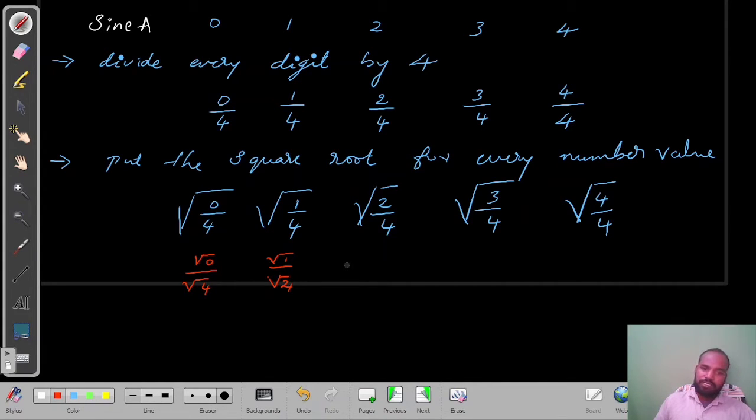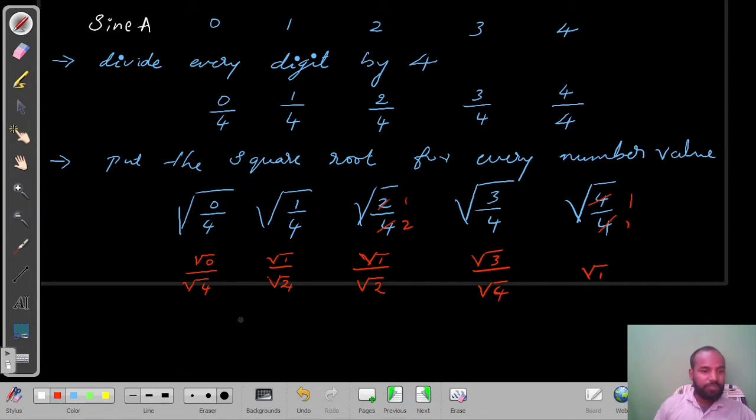Next, root 2 by root 4; here 2 ones are 2, so root 1 by root 2. Next, here root 3 by root 4. So root 4, here 4 ones are 4, that is root 1.